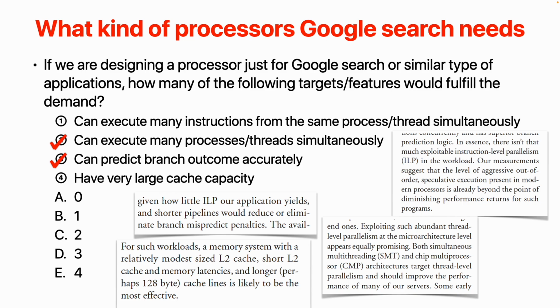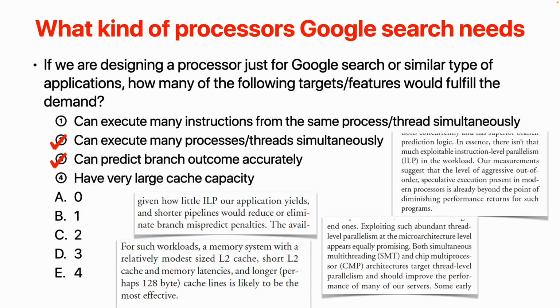In fact, thinking about the nature of search, it actually relies on a lot of decision processes to determine if I want to look into this document or not. Why would branch prediction not be important, right?